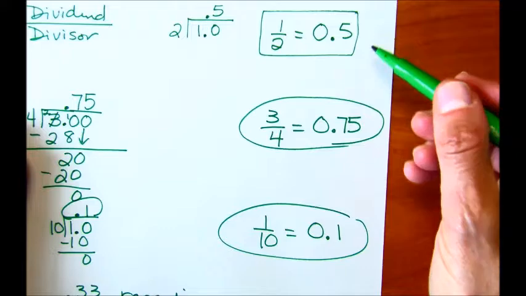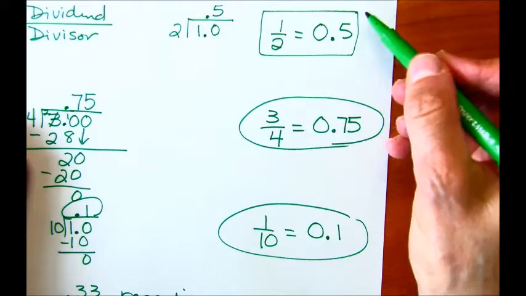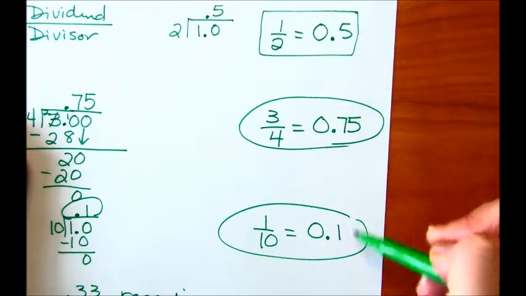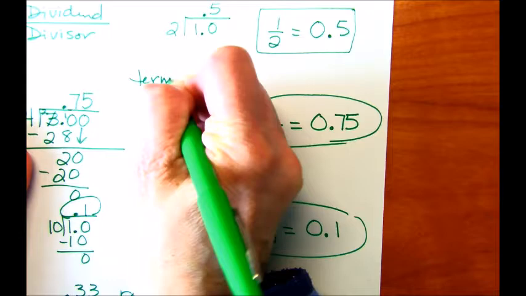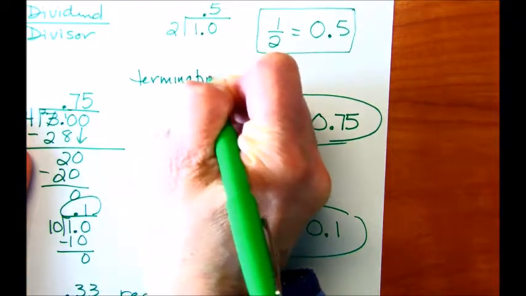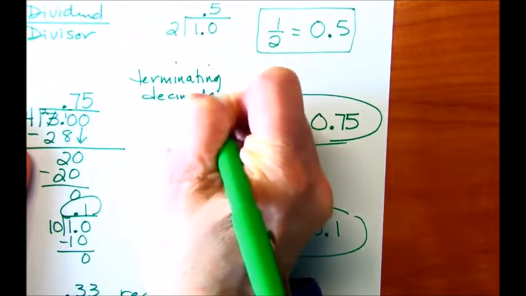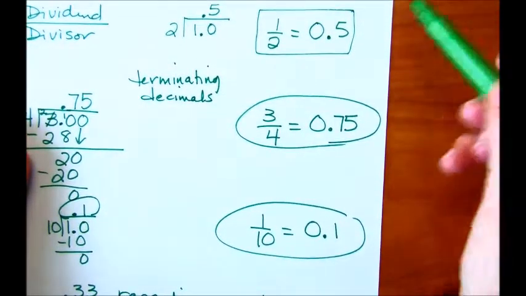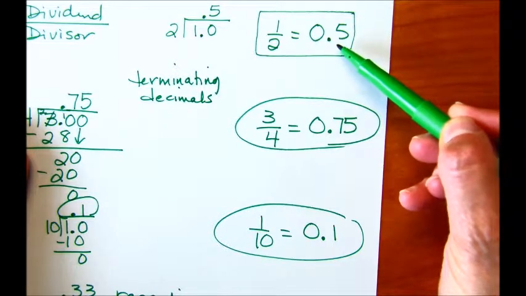The decimals that we looked at beforehand all ended. These are called terminating decimals. At some point after the decimal, the digits stop.